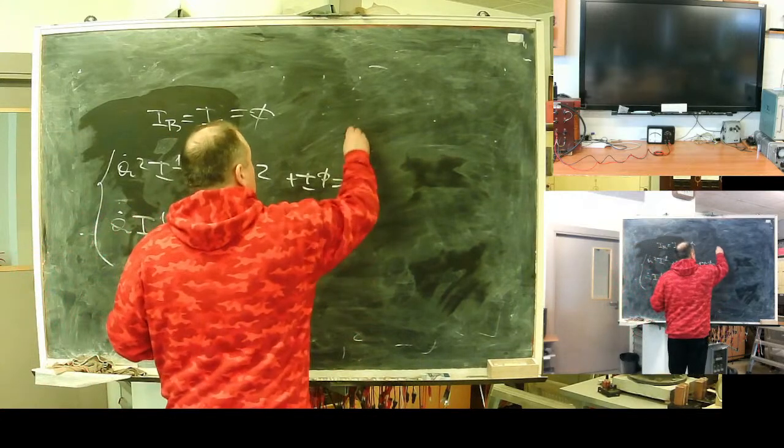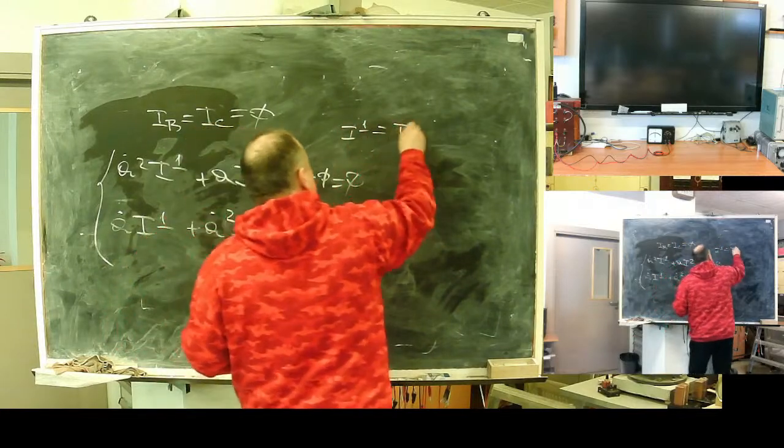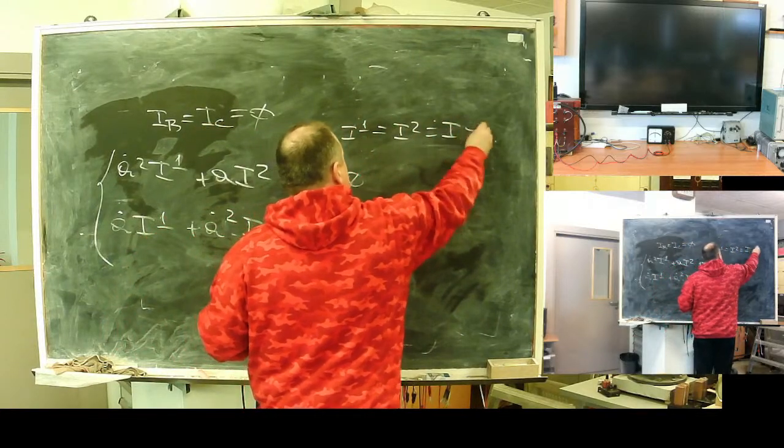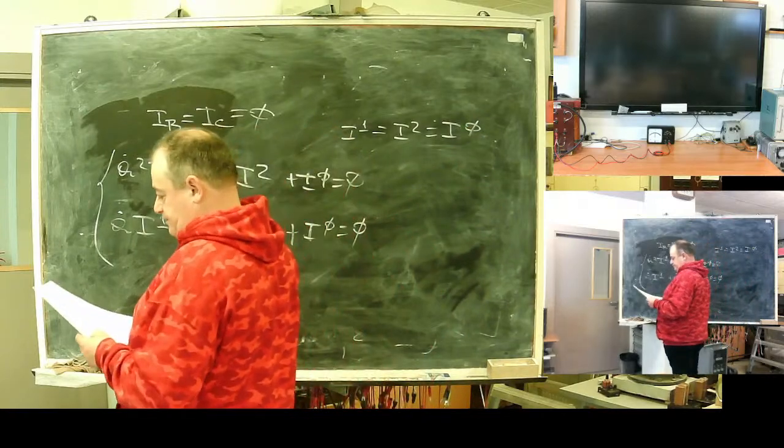This means the direct sequence current equals the negative sequence current and equals the zero sequence current, in the A phase.